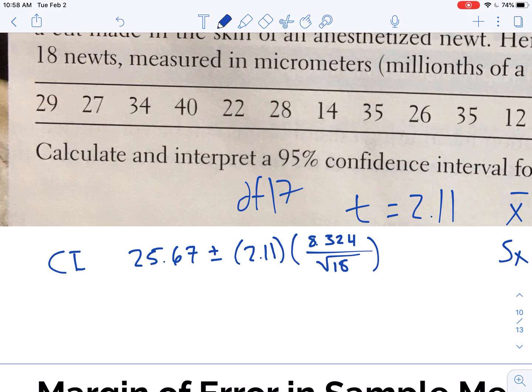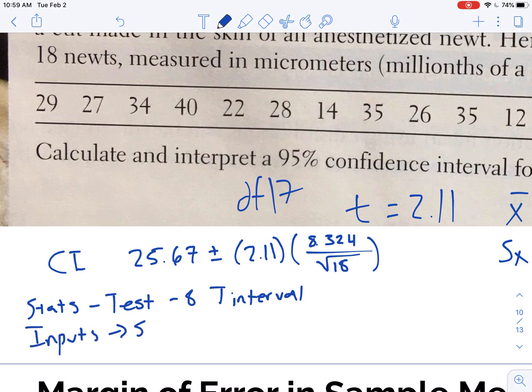So I'm going to go to stats, test, and I'm going to go to 8, which is TInterval. I'm going to use my input as stats, and I could have used data to begin with, but because I had to figure out if this was normal, I just used the other data I had.